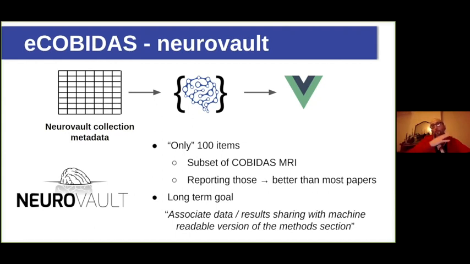So if we start working on those items, we can then reuse them later for the full MRI eCOBIDAS. And it also turns out that even if you only report those 100 items, you're already doing way better than most papers in the literature. So even if the project just stopped there and we only had a web app based on this, that would already help improve reporting in the literature in general.